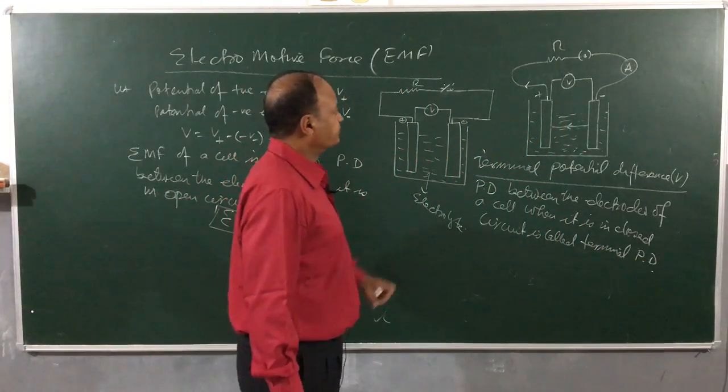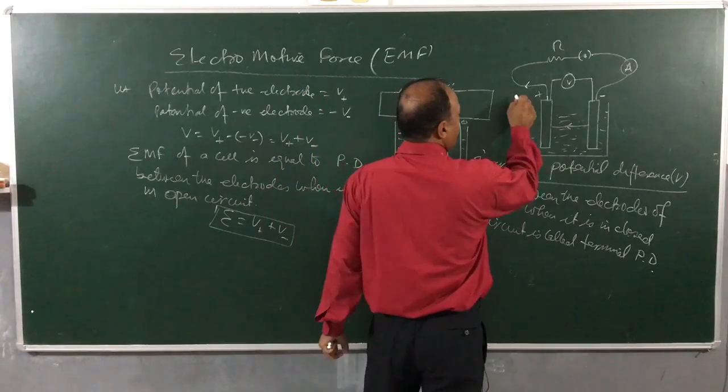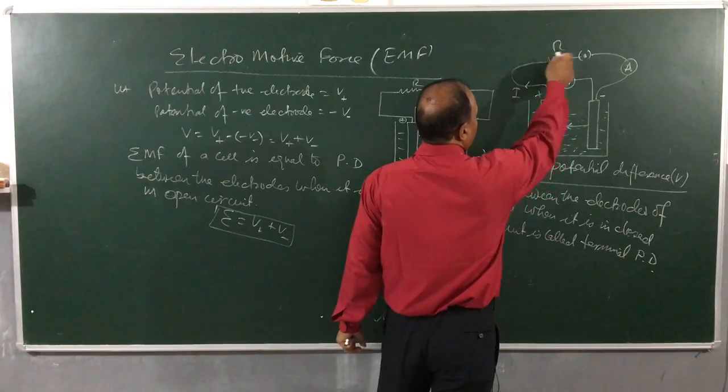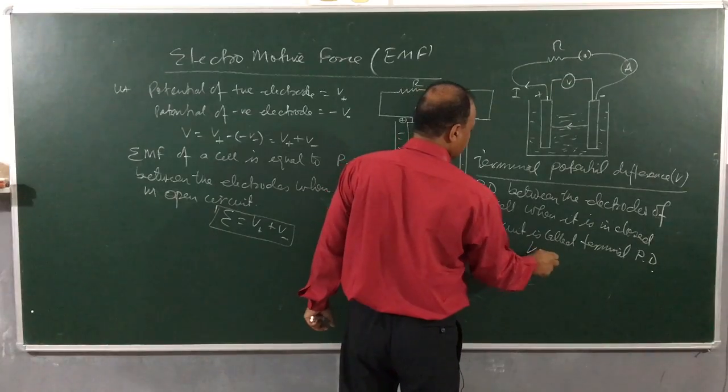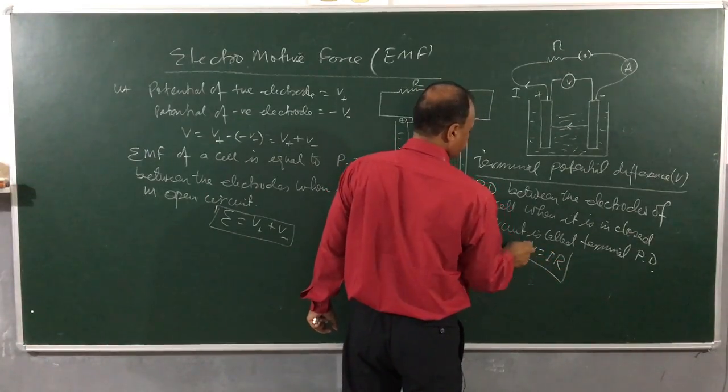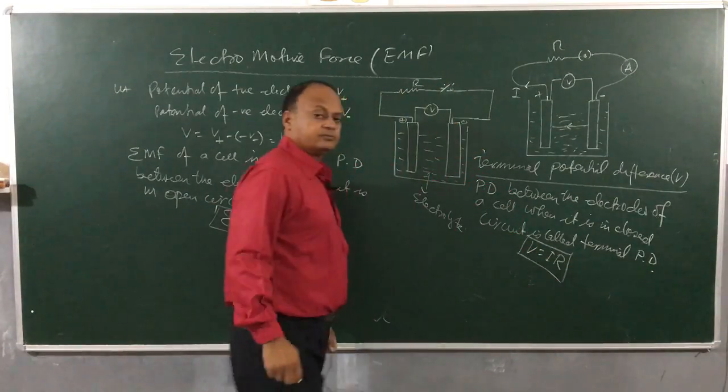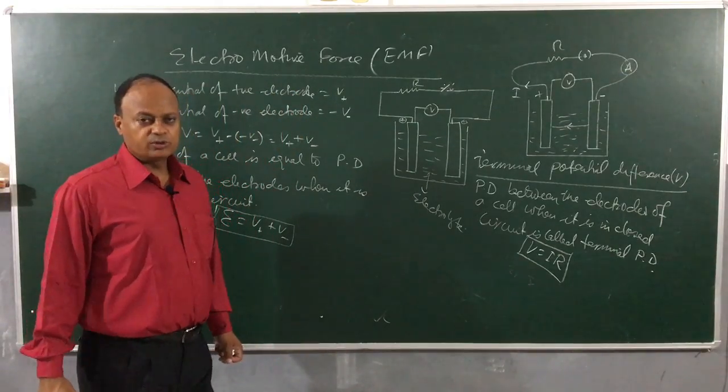Now, children, if current is I and resistance is R, then terminal potential difference V is equal to I into R. V is equal to I into R. Okay.